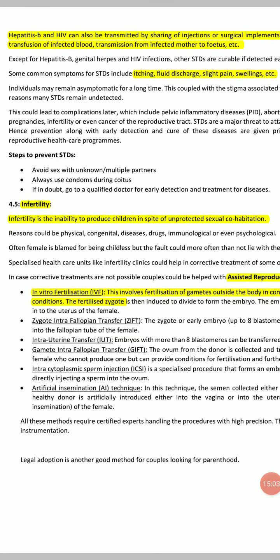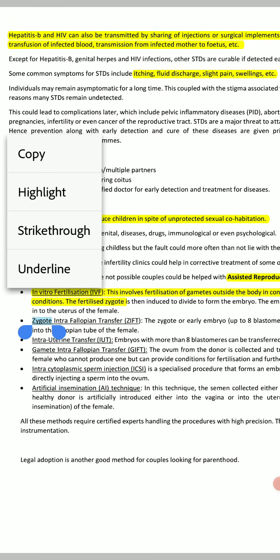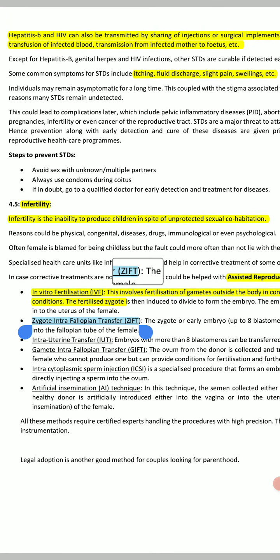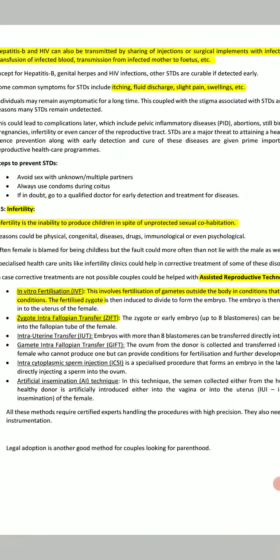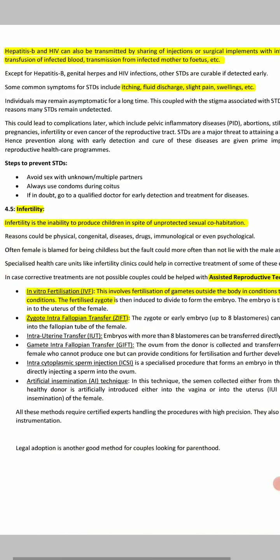The next one is the zygote intrafallopian transfer. What happens in the case of the zygote intrafallopian transfer? The zygote or early embryo can be transferred into the fallopian tube of the female. During your exam, these long forms and short forms are very important.